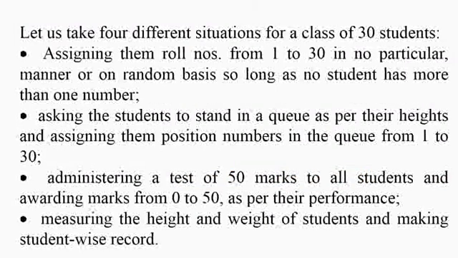In our course material, we're given these situations to consider to enable us to understand the 4 levels of measurements. The first situation is assigning the students numbers 1 to 30 in no particular manner, on a random basis, so long as no student has more than 1 number. Numbers are just assigned randomly.